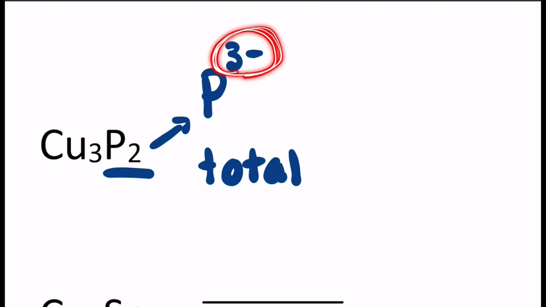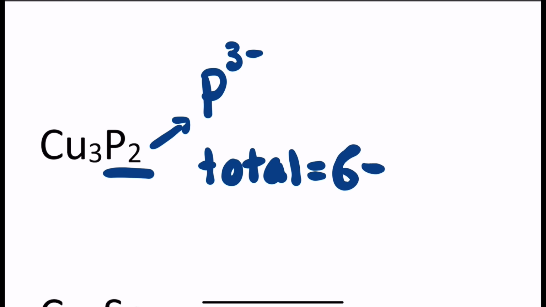Now here's where the logic comes in. You have to take into account that there's 2 of these in your analysis here. So if there's 2 of these 3- charges, that means in total you have 3 times 2, which is a 6- charge.